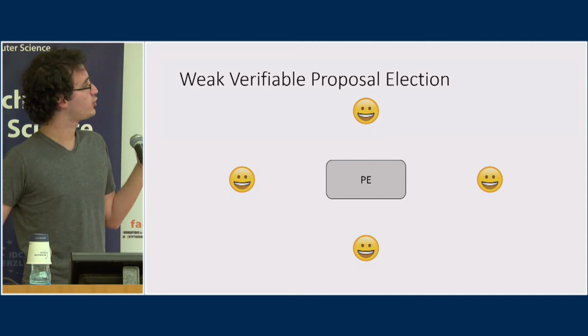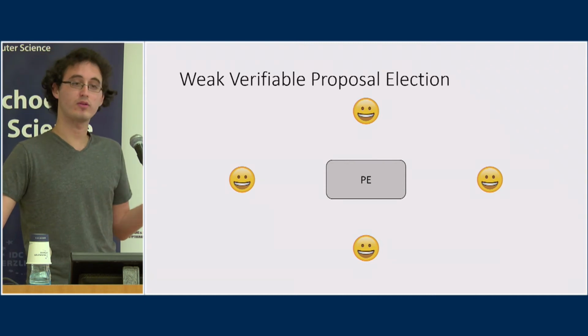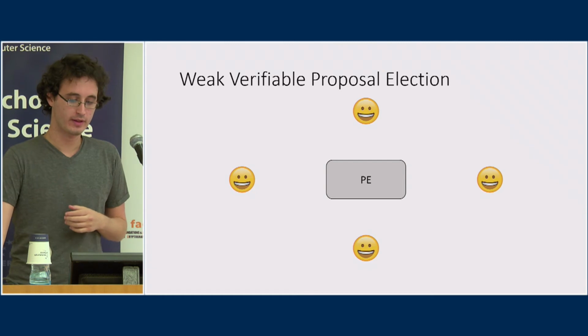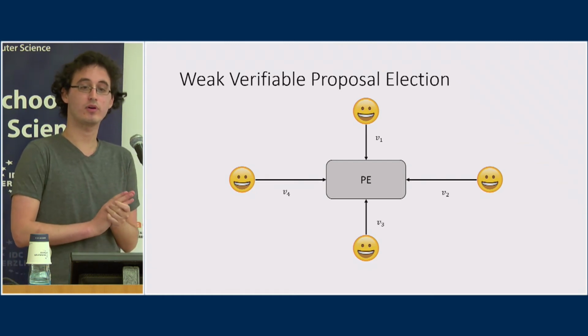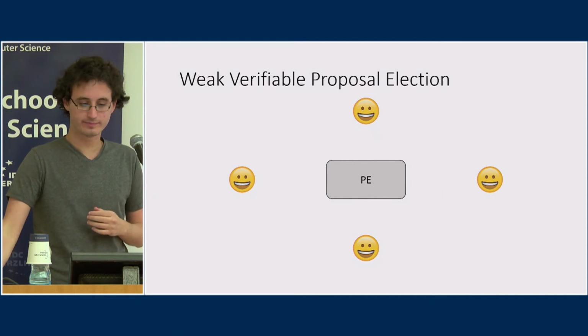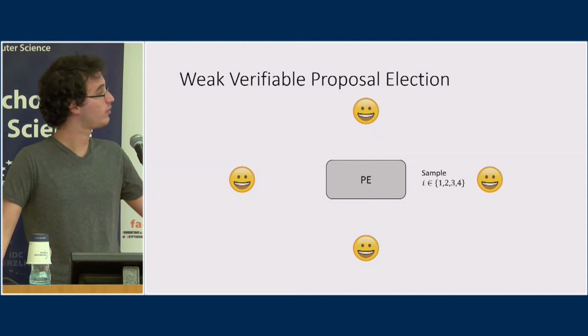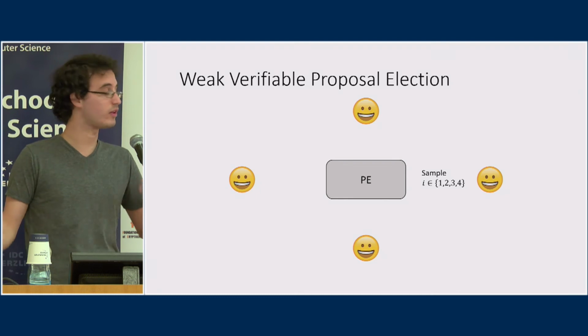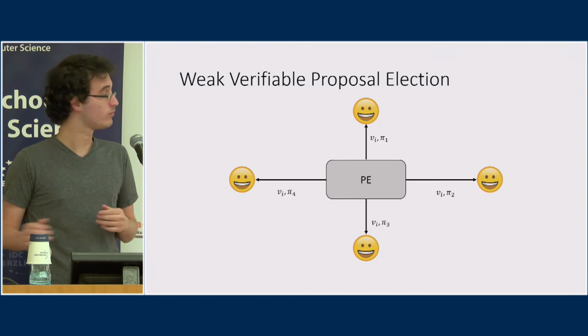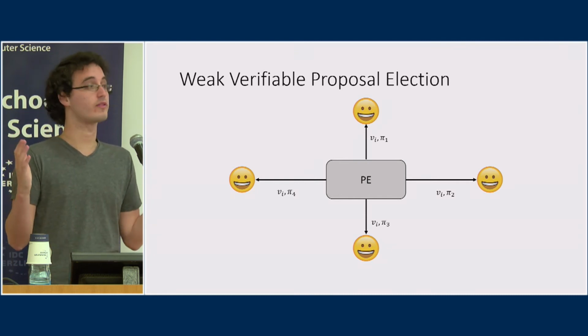Our generalization is a weak verifiable proposal election protocol, and it works schematically as follows. In this type of protocol, each party inputs a value. We call it a proposal. And then the proposal election black box chooses one of those values at random and sends it to each one of the parties.